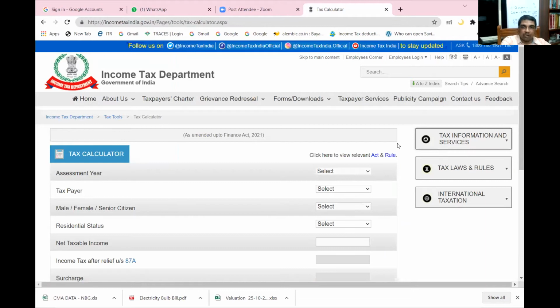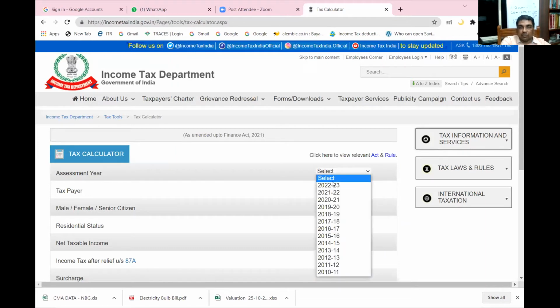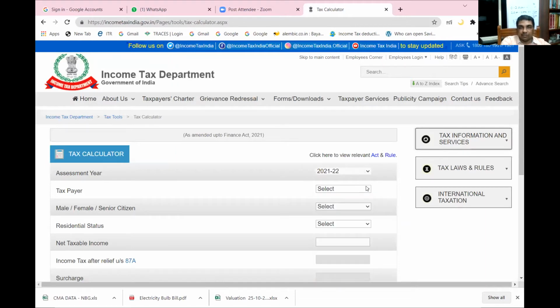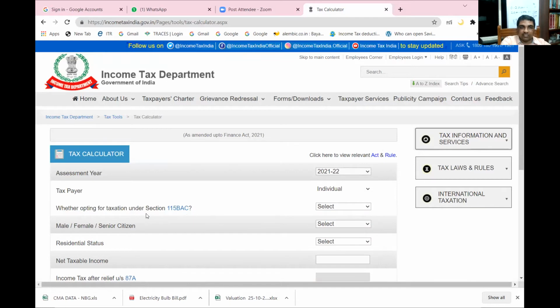Tax calculator. Okay. Just a minute. It's opening. Now assessment year 21-22. Taxpayer, let us say an individual. Now here it is asking whether you are opting for the new scheme, the 115BAC. First you will say no, that means the normal scheme. You select any category of person, male or female.